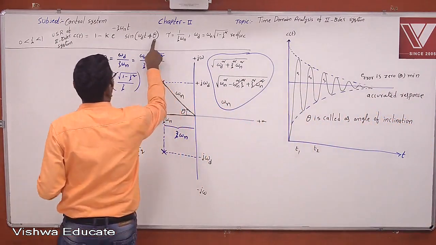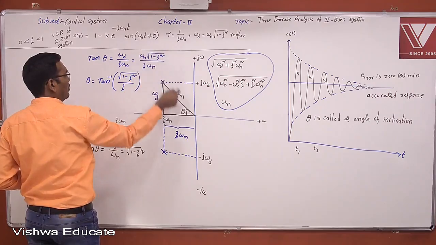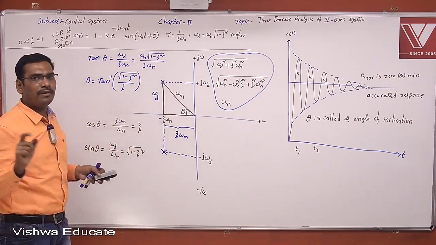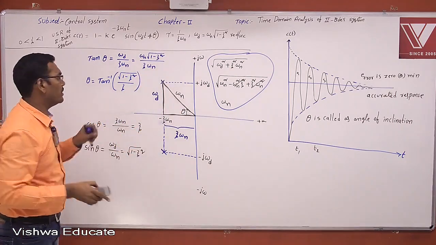Now this is omega d t plus theta. This theta is called the angle of inclination. It will play an important role in the second order analysis. That also we will see. Okay.